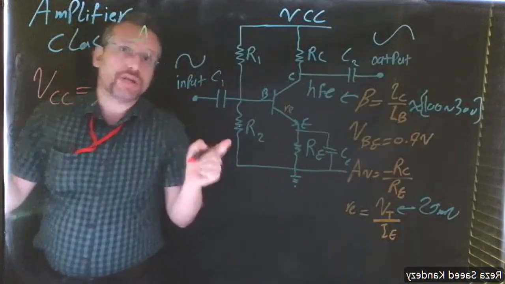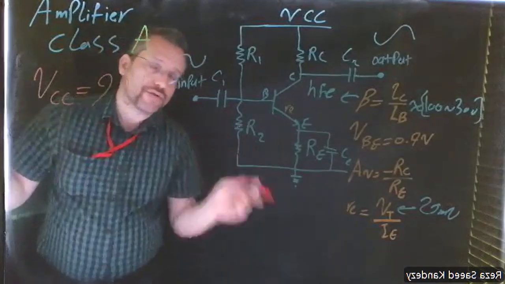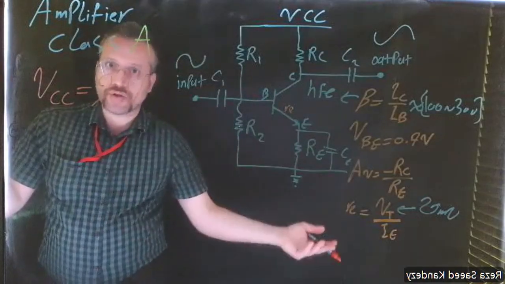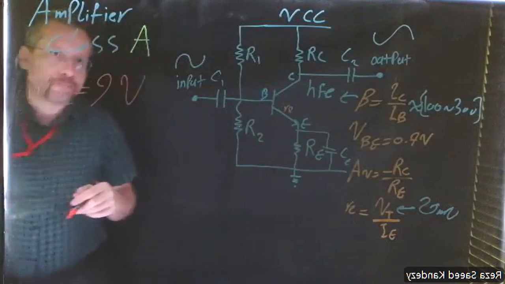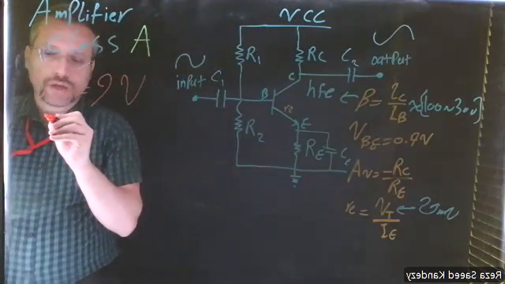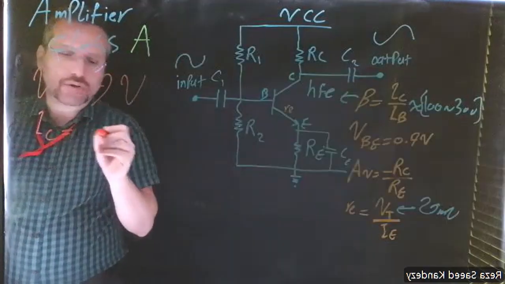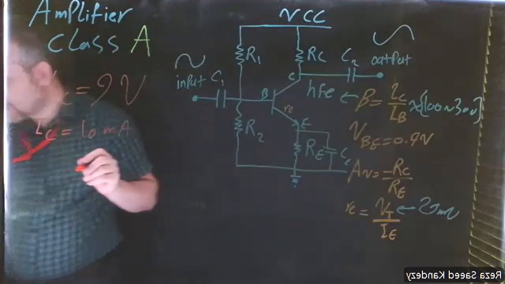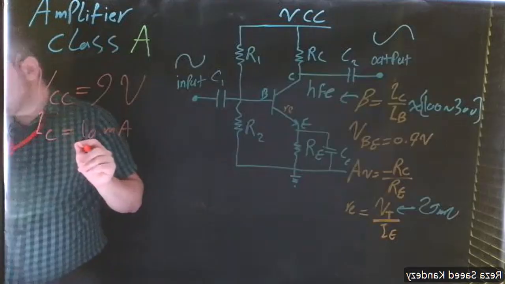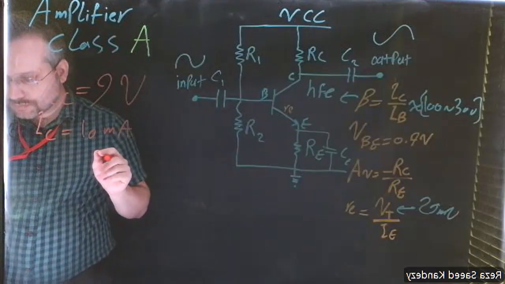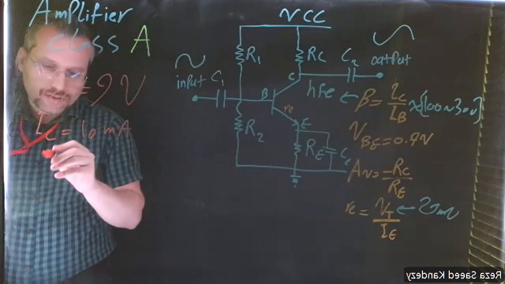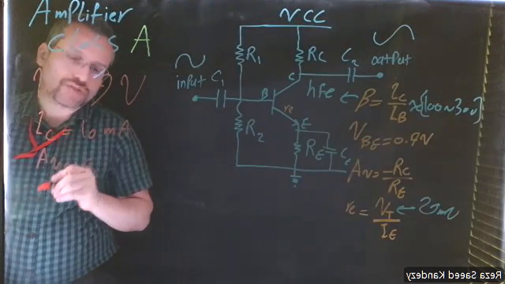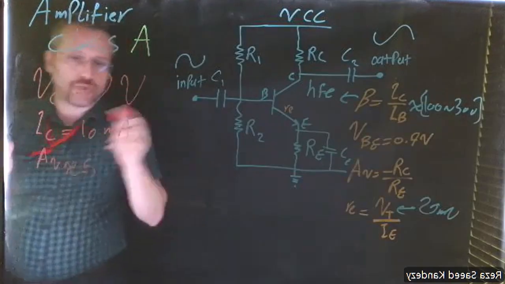What you see in the assignment is different, so you want to use this type of calculation to design your own class A amplifier in the assignment. Now, I want to have the collector current equal to 10 milliamp, and I want to have a gain close to 5, actually minus 5. Now let's see what we can do.